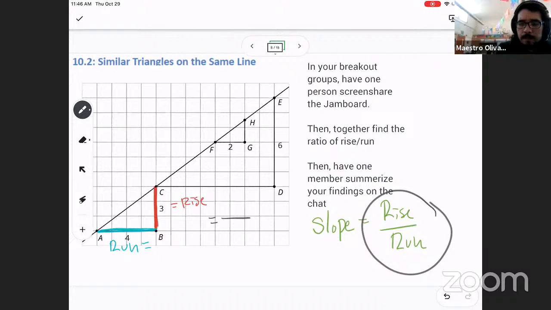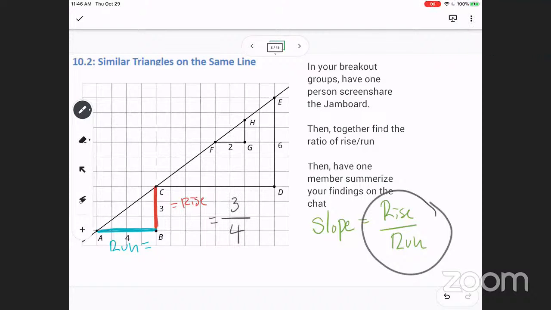Can you hear me now? Okay. Brian, ¿qué sería este? Okay, so Brian, I see you wrote 3/4. ¿Puedes explicar por qué dijiste 3/4? Porque ahí tiene 3 líneas de arriba y abajo tiene 4 líneas abajo.